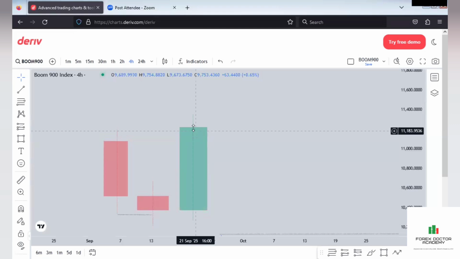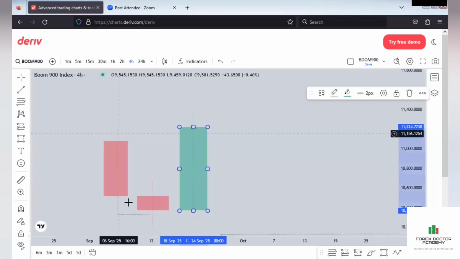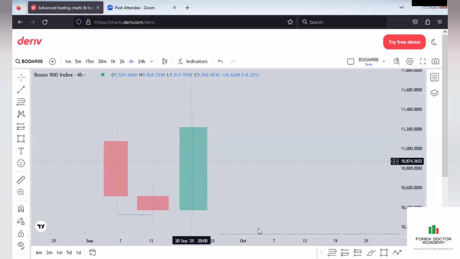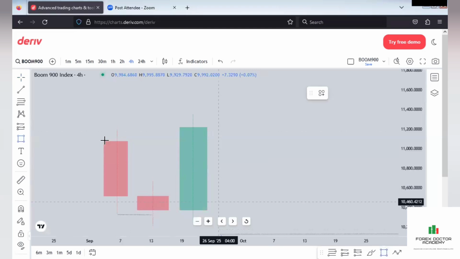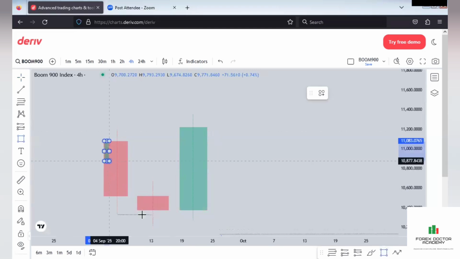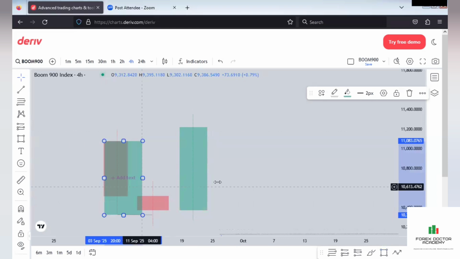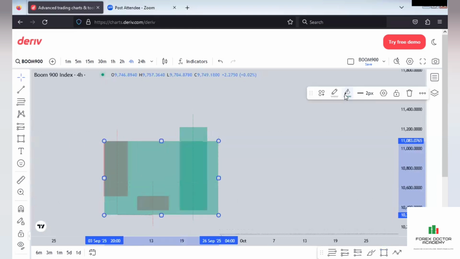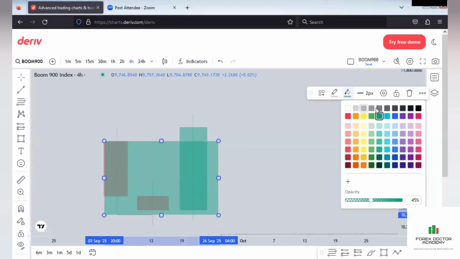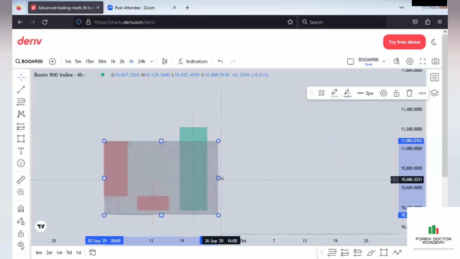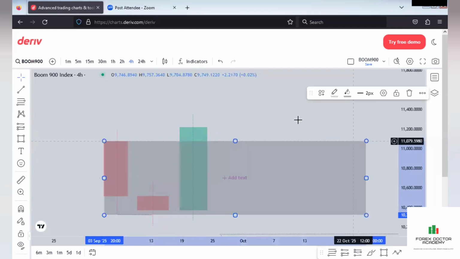Should the engulfing candle close above your source candle, like it did in this case, your order block should be mapped out from the body of your source candle. So you see, you map out your order block in this way. Let's change the color for that. The order block should be mapped out in this way.